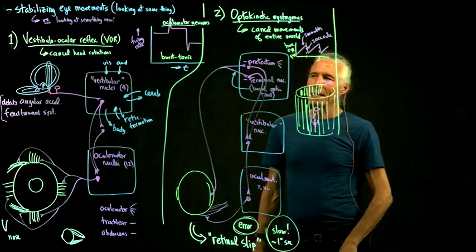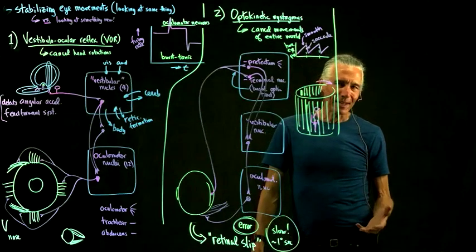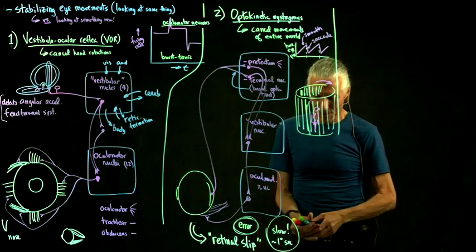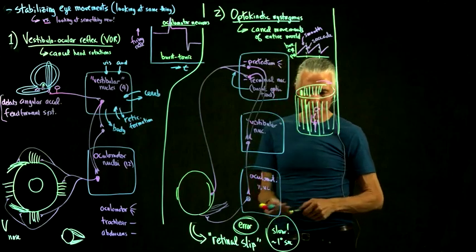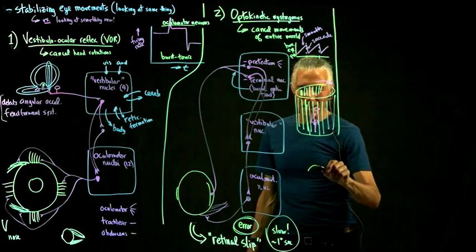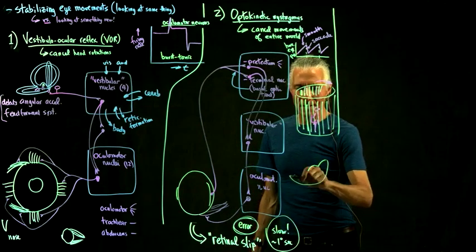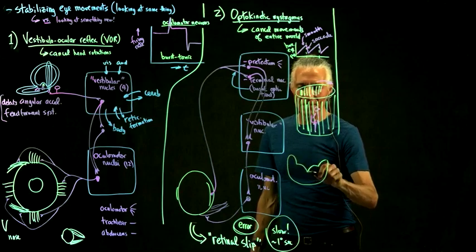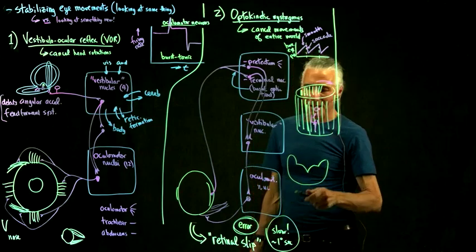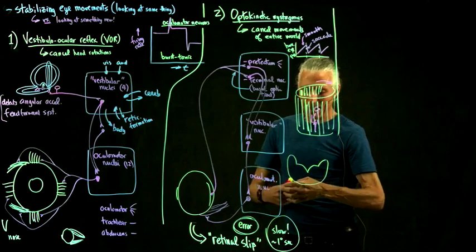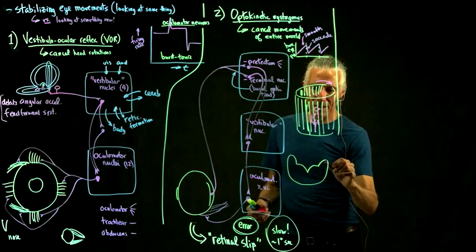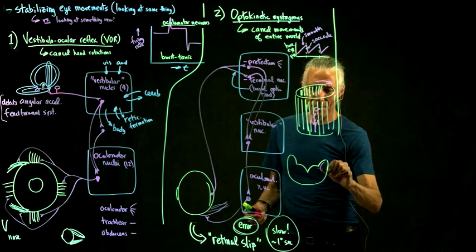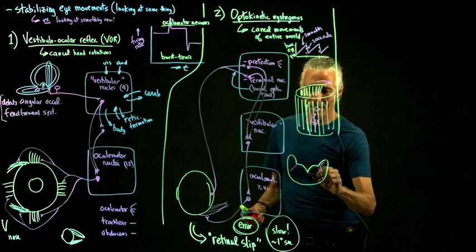But why should something like that make you sick? It turns out if you go into the brainstem, down in the medulla, and look at where the vestibular nuclei are. Remember there's the sensory and the motor parts, the left and the right, and this is the more motor part, that's the more sensory part.